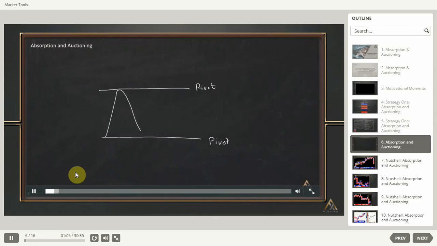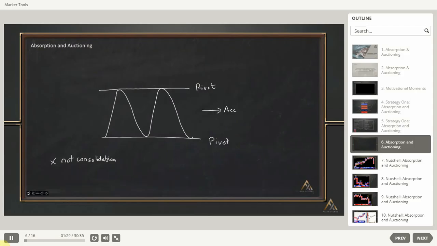Now, one of the key principles we focused on was the principle of consolidation. Most important, note this is not consolidation. Why? Because consolidation, as we mentioned in the principle section, tends to be relatively low volume. So what we're actually going to be talking about is the process of accumulation and distribution.